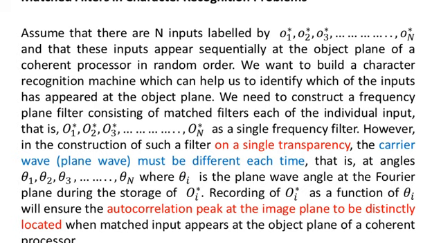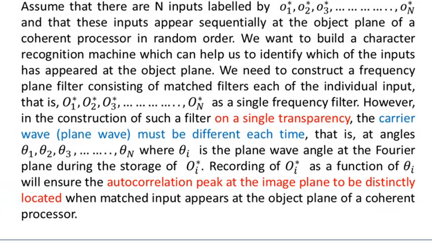So when we are going to record capital O2 star, we are using the plane wave at an angle theta 2. Similarly, for capital O3 star, the plane wave angle should be theta 3. So it means that for each recording of these conjugate spectra, we are going to change the angle of the plane wave at the Fourier transform plane.